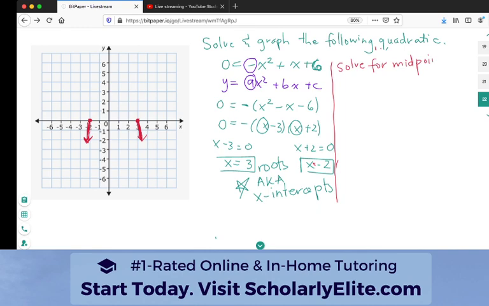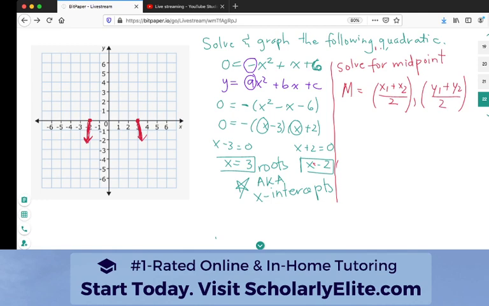Okay, so there's a midpoint formula. Some people just do the counting themselves, but there's a method to the madness. The midpoint is x1 plus x2 over 2, and then y1 plus y2 over 2.